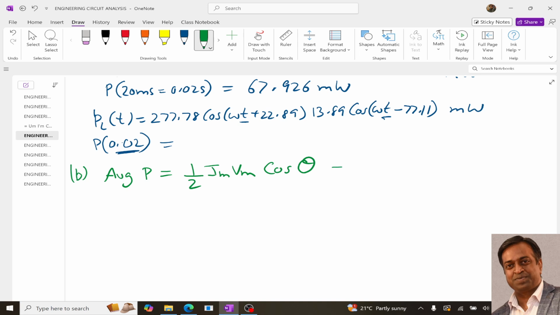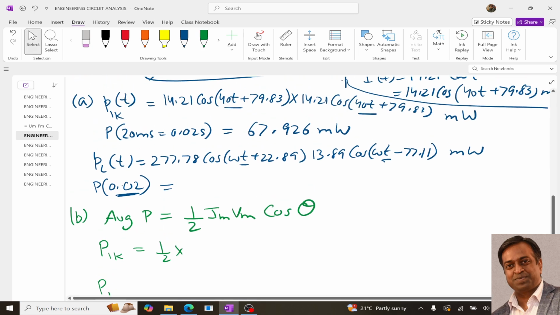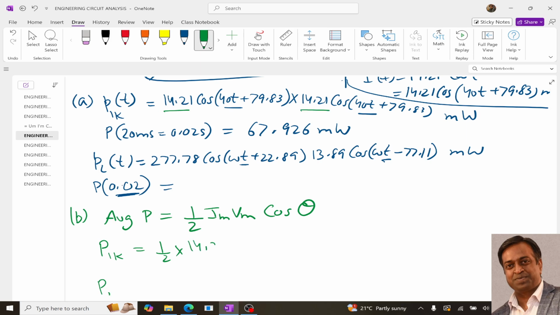So over here the average power, capital P for 1K and capital P for L, it will be half. Now for the 1K, the Im and Vm is this, so it is 14.21 into 14.21, and both the angles are the same, so the angle between them is 0. Cos 0 is 1, so you will get 10.96 milliwatt, right?